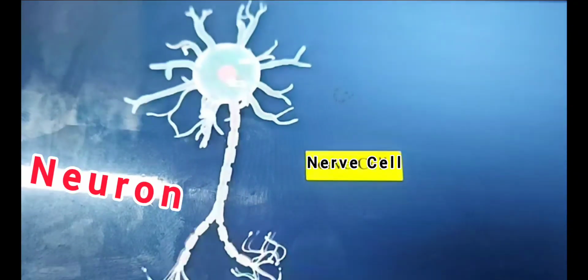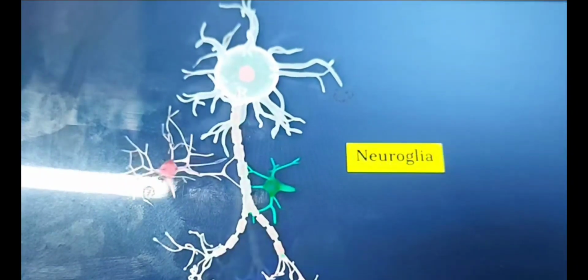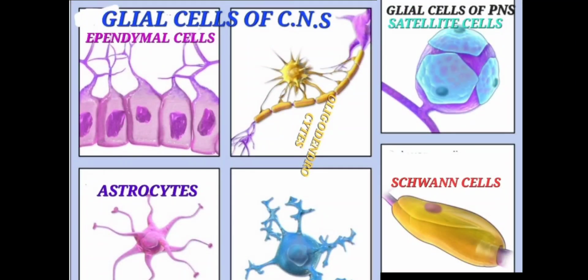Firstly, the neurons, which transmit the signals, and then the neuroglia, which provides physical support to the neural tissue. It also controls the tissue fluids around the neurons and helps defend the neurons from invading organisms and xenobiotics.